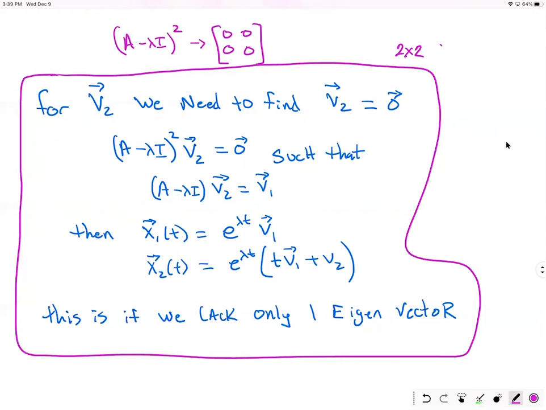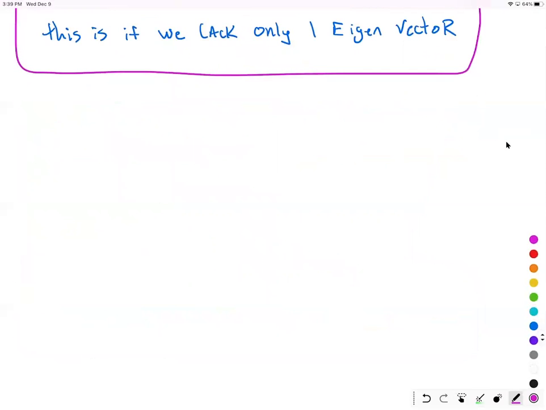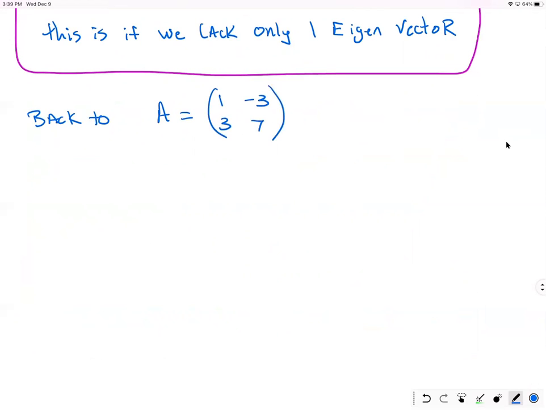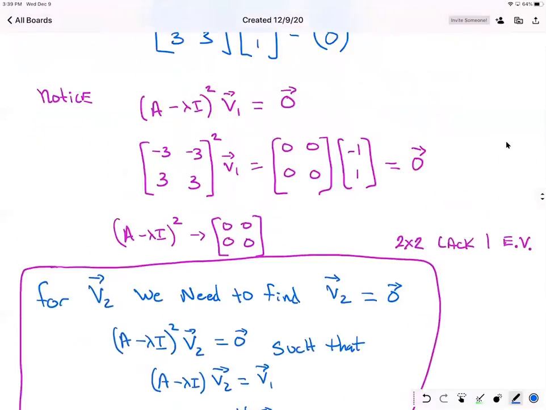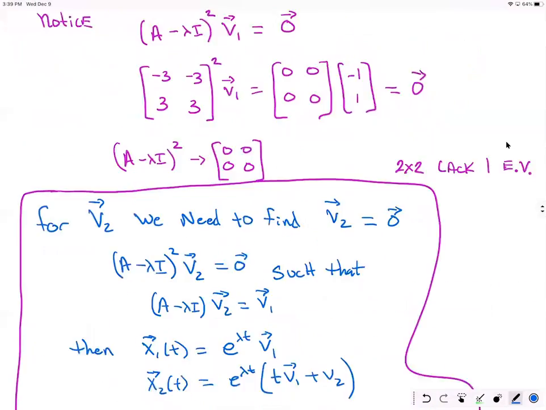Okay, so let's go back to our example that we had. So back to A equals [1, -3; 3, 7]. And remember, lambda equaled 4, and my v1 equaled (-1, 1).